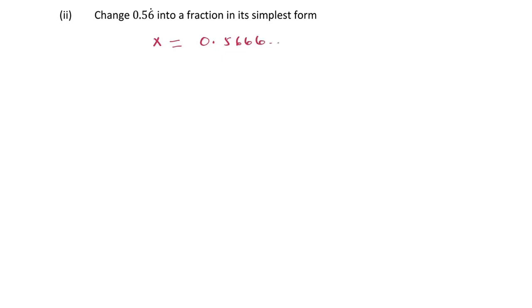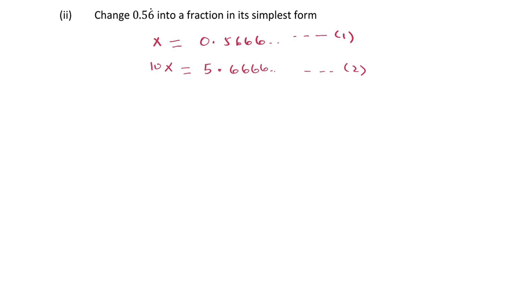We call this equation number 1. Since we have one repeating decimal, we multiply both sides by 10. Then our equation is 10x equals 5.6666 and so on. We call this equation number 2.